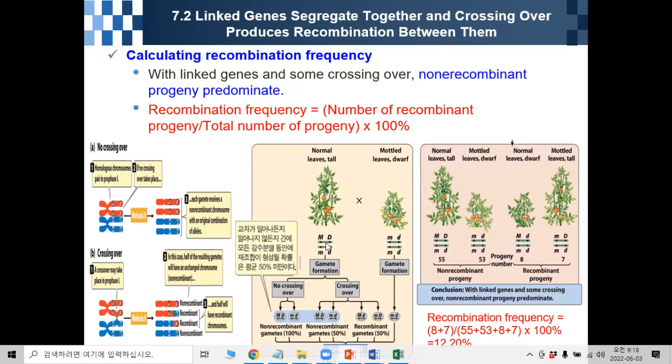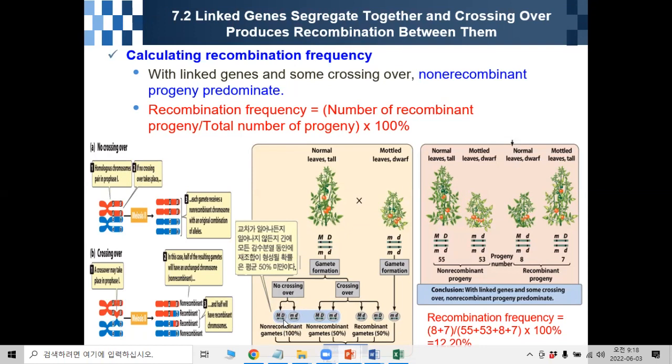large M, large D are linked to each other, and the genotype is large M, large D and small m, small d, like this. If there is no crossing over, they will have two gametes. One will be large M, large D. The other will be small m, small d.